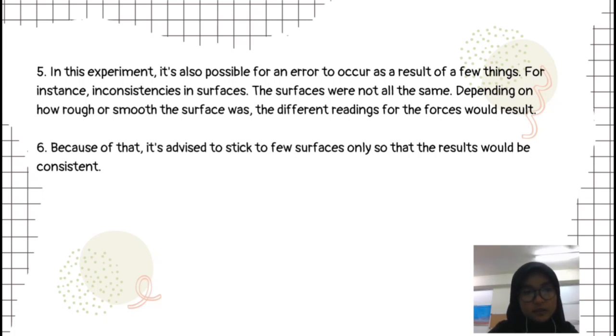For instance, inconsistencies in the surface. The surfaces were not all the same. Depending on how rough or smooth the surface was, different force readings would result. Because of that, it is advised to stick to a few surfaces only so that the results would be consistent.